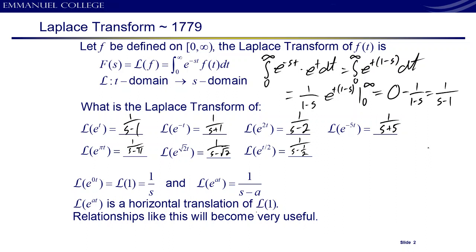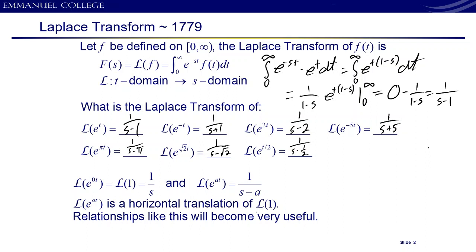If you think about e to the 0 as the quote-unquote center, then e to the alpha t, multiplying t by some constant, is the same as doing a horizontal shift of that Laplace transform. These relations will become very useful later on.